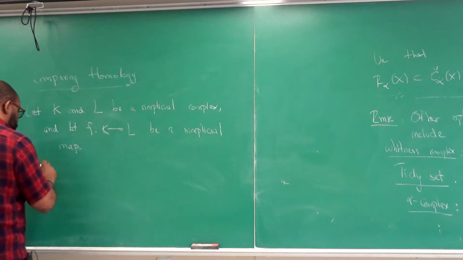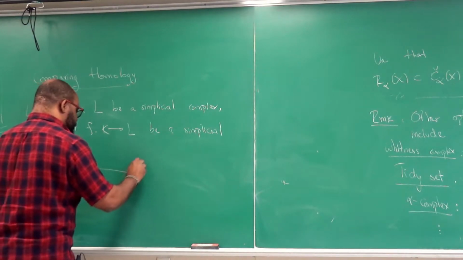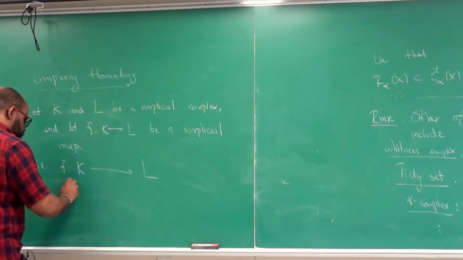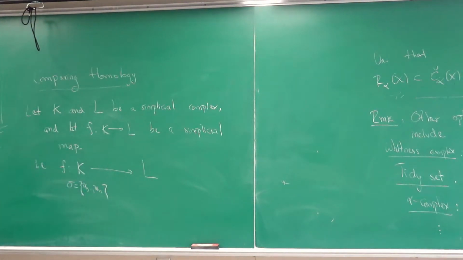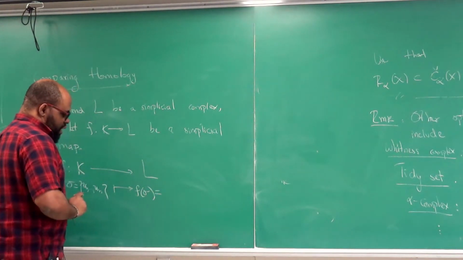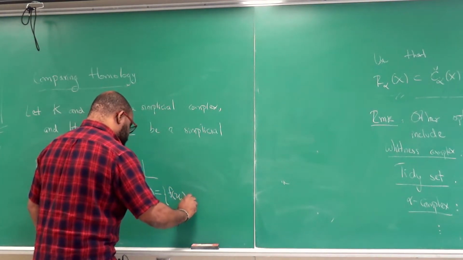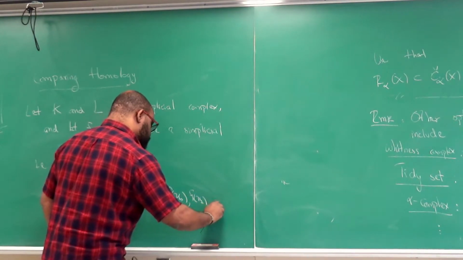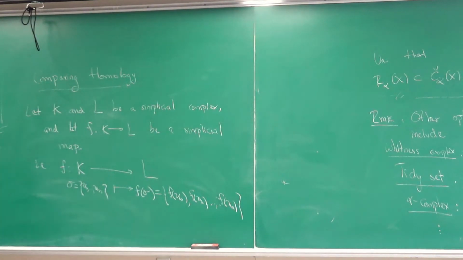What that means is that if you look at how F acts on a simplex, then it essentially gives you a simplex entirely determined by what the vertices are doing. Okay, so it's completely given by its values on the vertices.